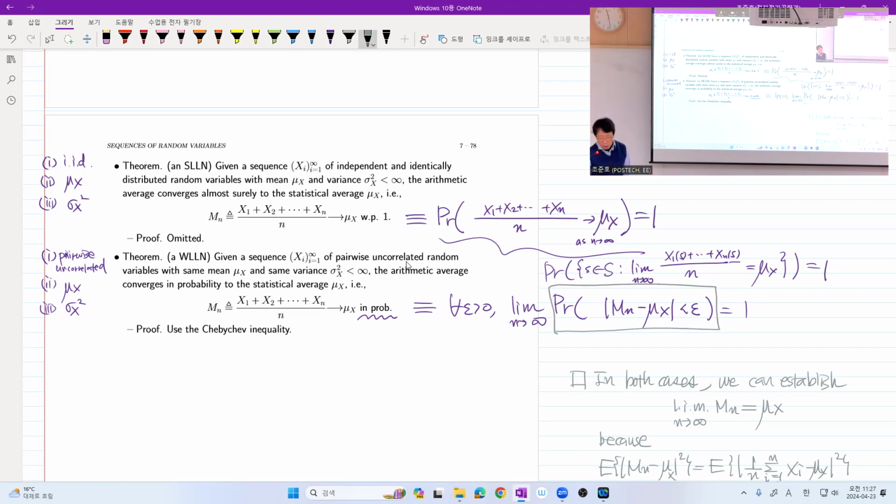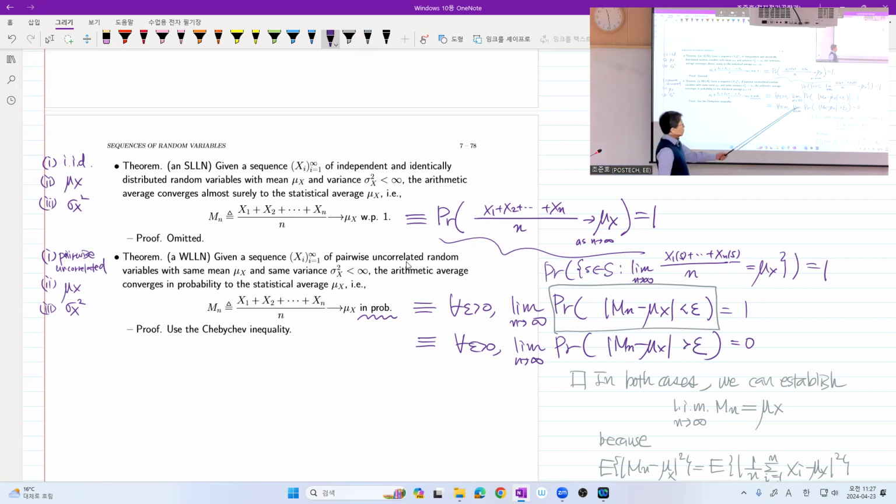Got it? Or equivalently, for every epsilon positive, you want to consider the complementary event to this event. That is what? The difference between the arithmetic mean and statistical mean is greater than epsilon.